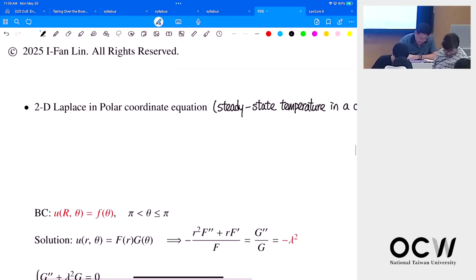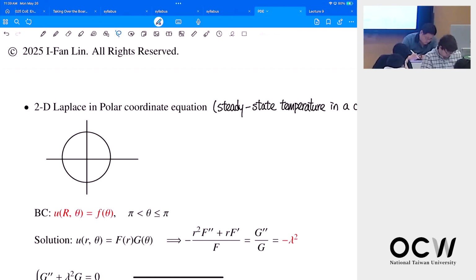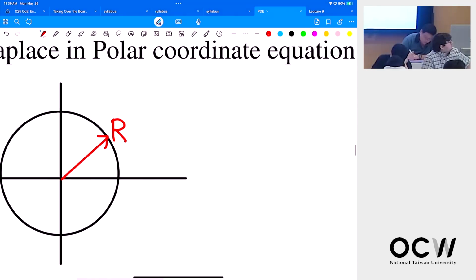So in a disk, like this one, we have the radius r and the theta. Now any radius just less than or within this plate.